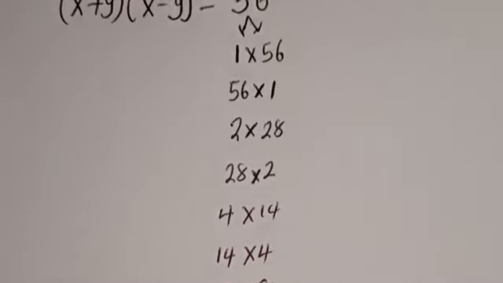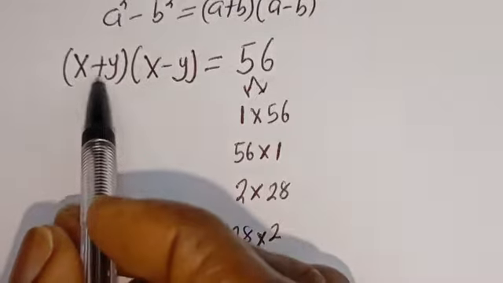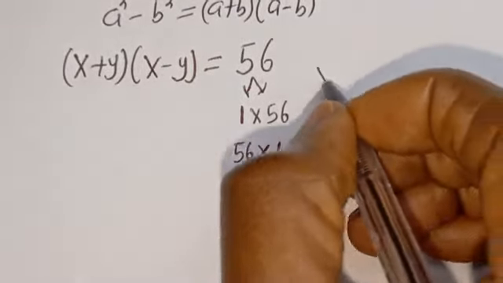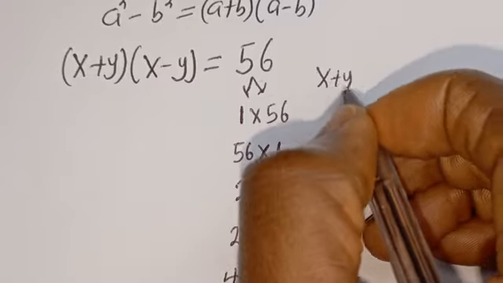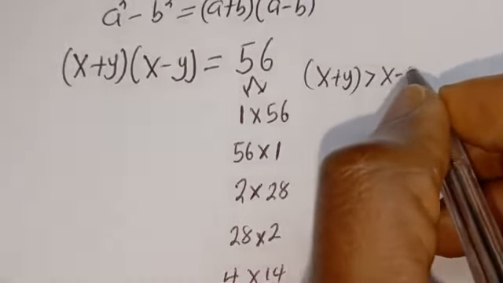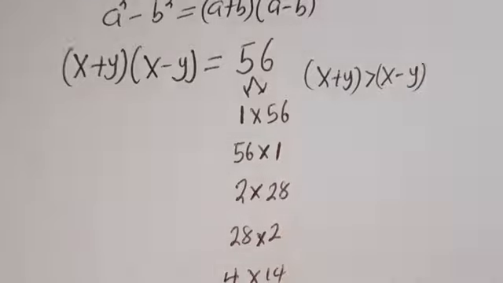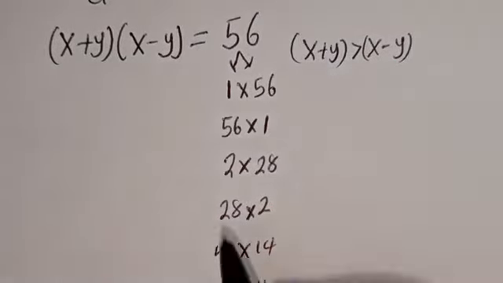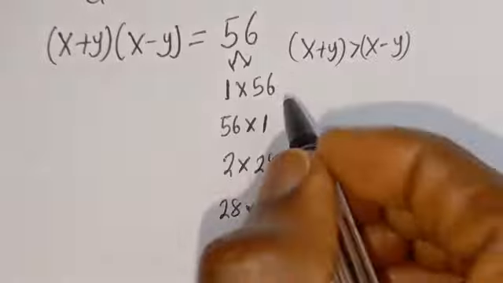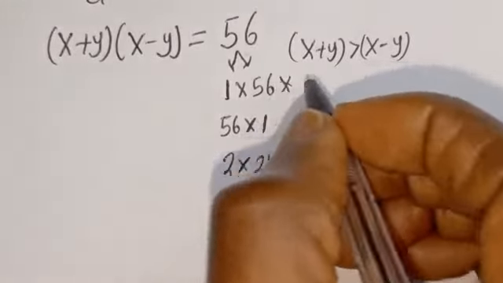And from here, we have (x plus y) multiplied by (x minus y). Here, x plus y is greater than x minus y. So therefore, here 1 is less than 56, so this is cancelled.